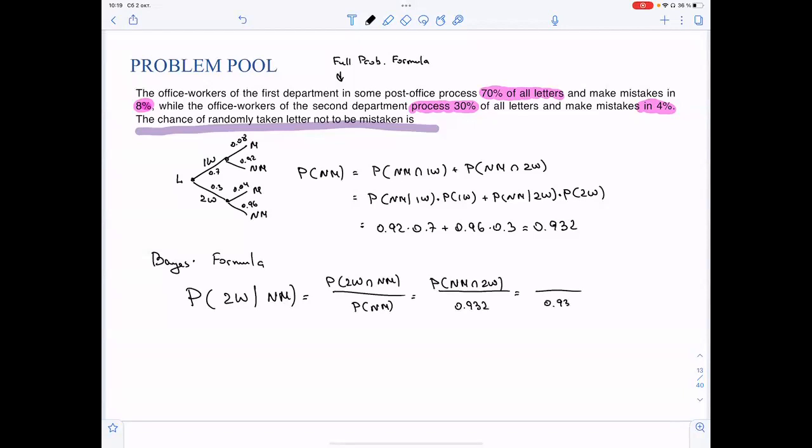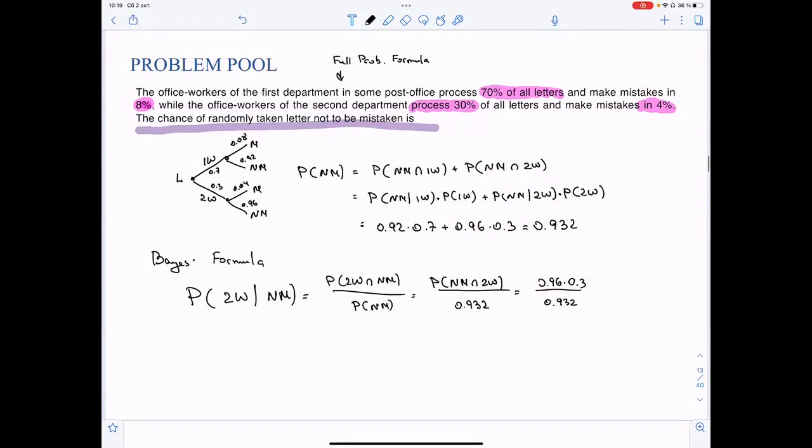So what is on the top of this fraction is that component. So here I'm writing 0.96 times 0.3, and actually it's 96 times 3 divided by 932. Well, if you simplify that and calculate it more precisely, you will get a decimal value of this probability. But here is how it could be solved.